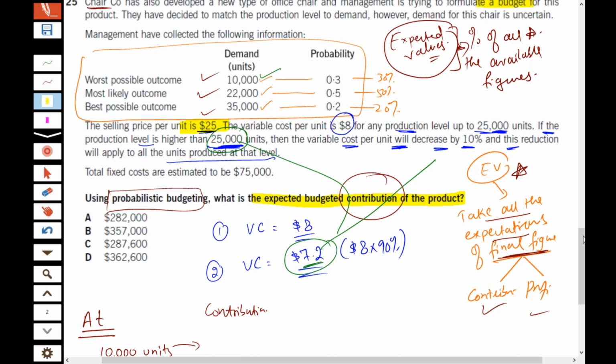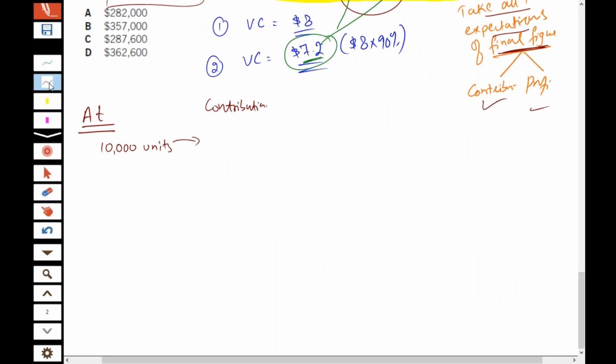Students, remember the figure 25. 25 minus 8. The contribution would be 17.